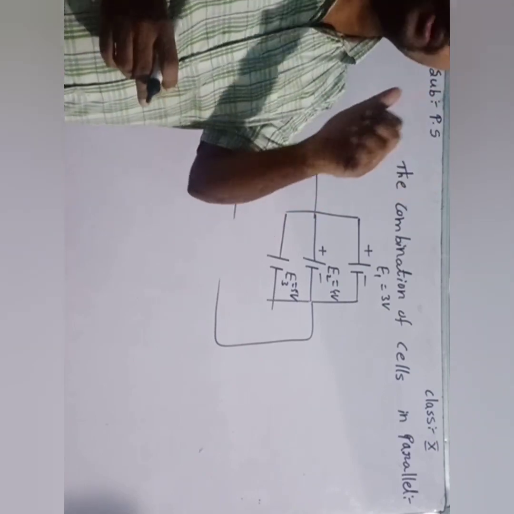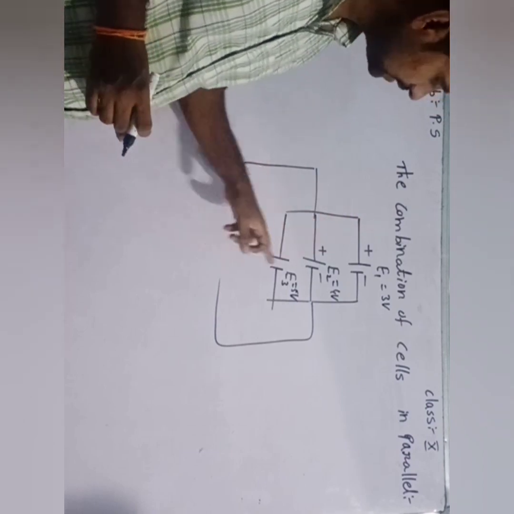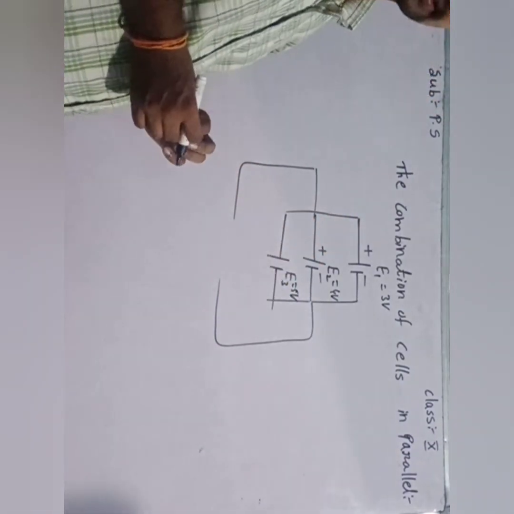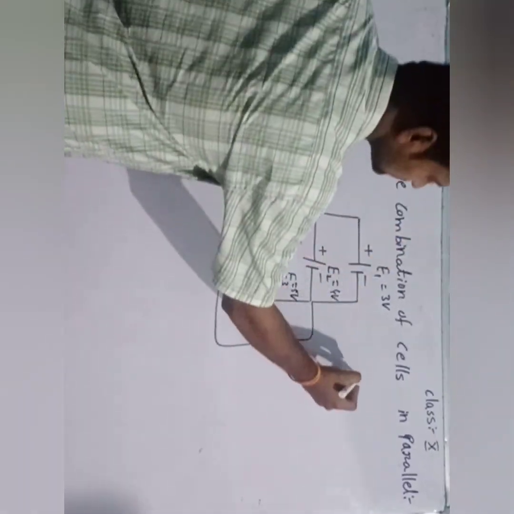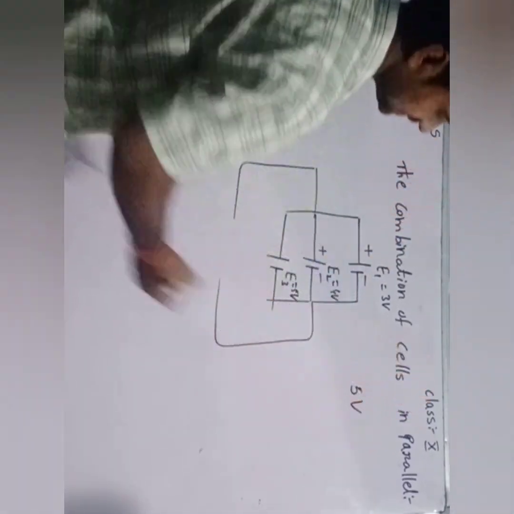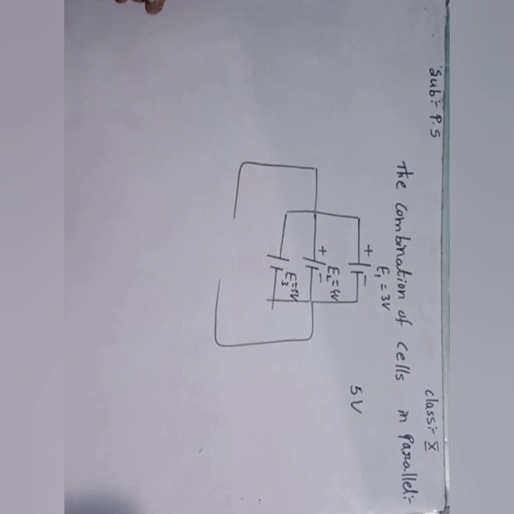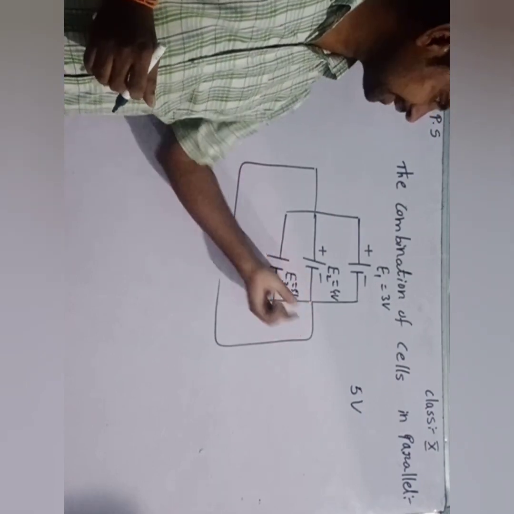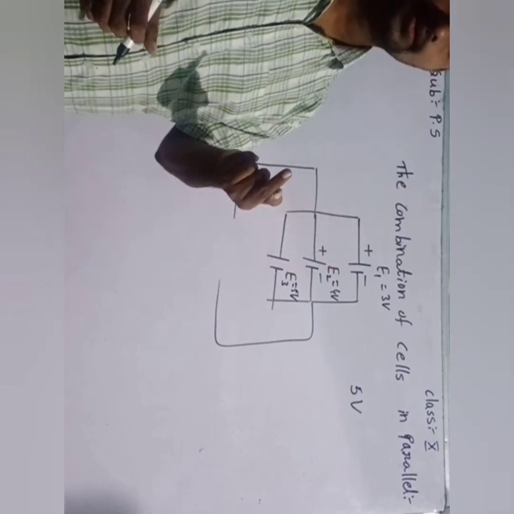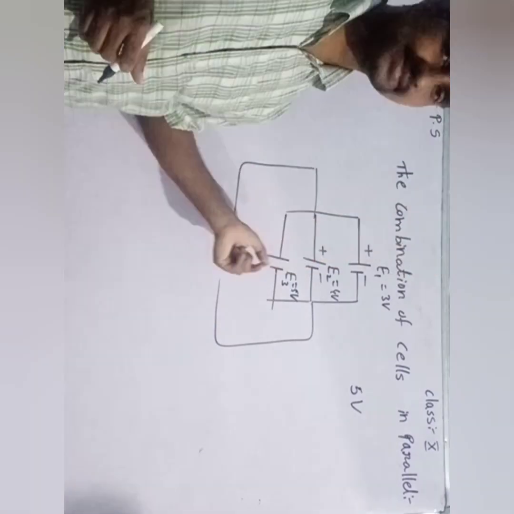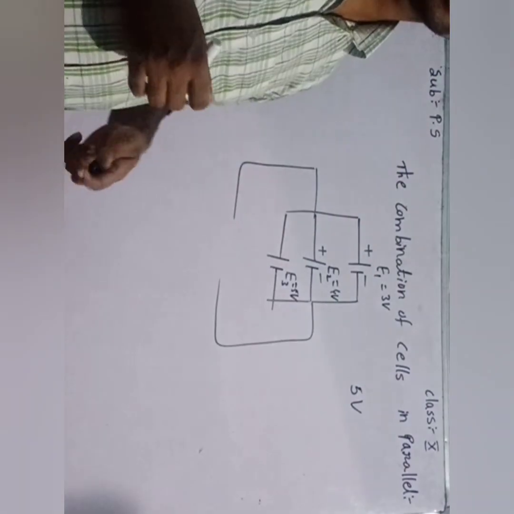Which one is the highest voltage here? E3 is the highest voltage. So the total voltage in this circuit is simply 5 volts. Clear? In a parallel combination, the highest voltage is the total voltage. In series combination, the sum of all the voltages is the total voltage.